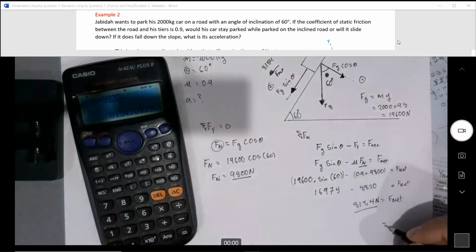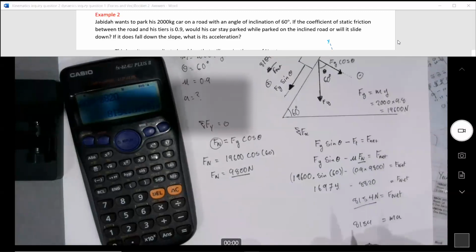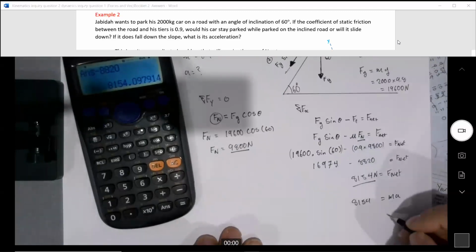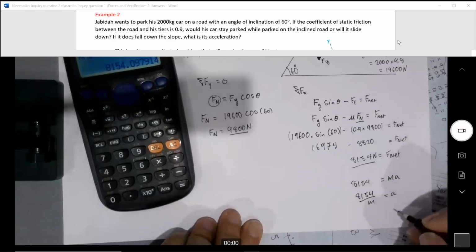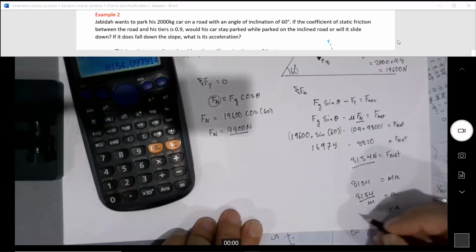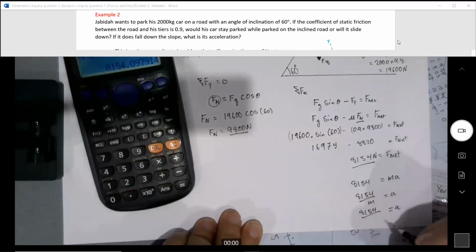So we can do that. Substitute the rest of the expression in, which is mass times acceleration, 8154. 8154 divided by mass. Mass was 2,000 kilograms.